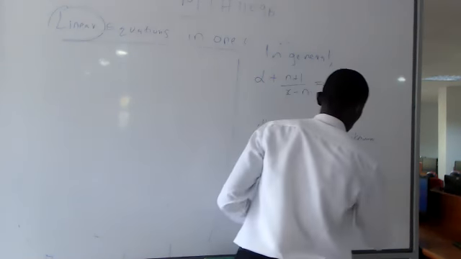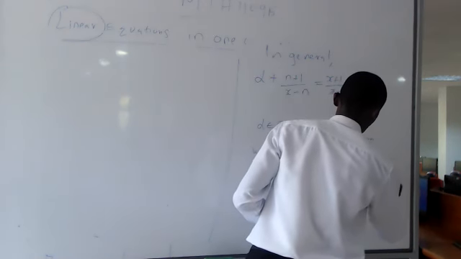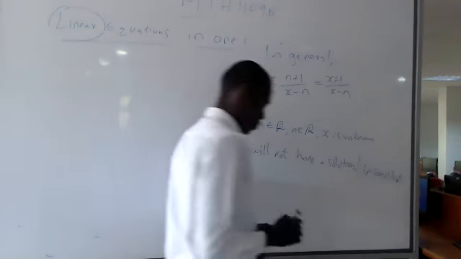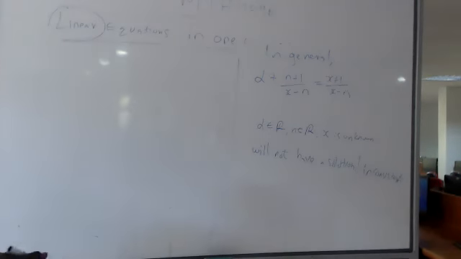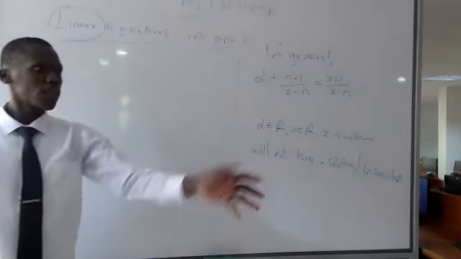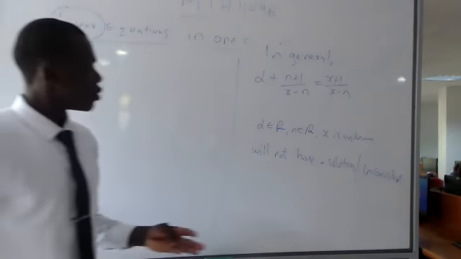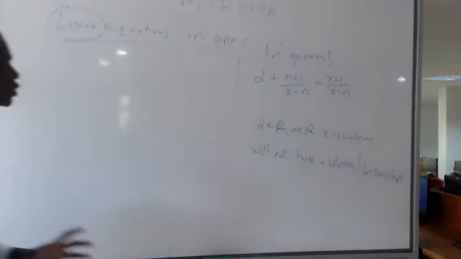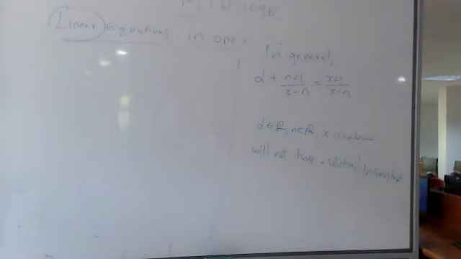Or you simply say it's inconsistent, just like division by 0 is inconsistent. Later on, we'll be studying linear systems involving more than one variable, maybe 4 variables, 3 variables, or n variables. We will also meet inconsistent systems, systems for which you cannot find a solution.